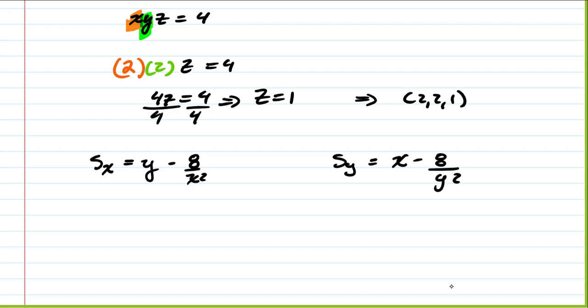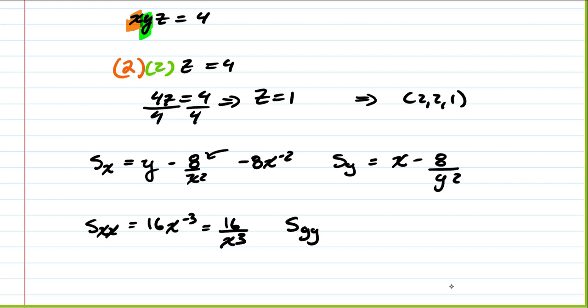So then s sub xx, and remember, if we want, we can rewrite this as negative 8x to the negative 2. The derivative of y is going to be 0. The derivative of negative 8x to the negative 2, we bring the 2 down in front, or negative 2. So negative 2 times negative 8 is positive 16 x to the negative 3, which would be 16 over x cubed.